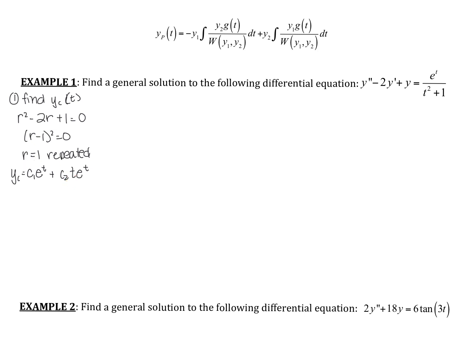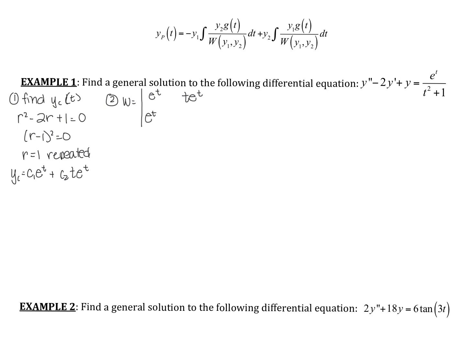Okay, so the next thing that I'm going to do is work to find my particular solution. To do that, I think it's easiest to take the Wronskian at this point. So I'm going to do the determinant of e to the t, te to the t, and then the derivative of each of those.